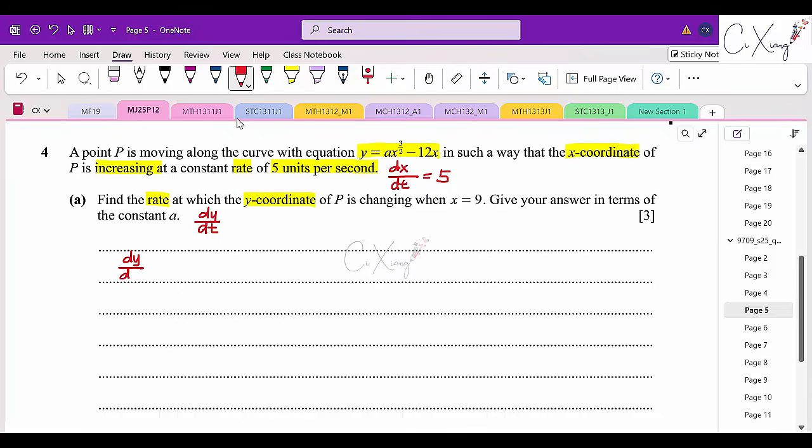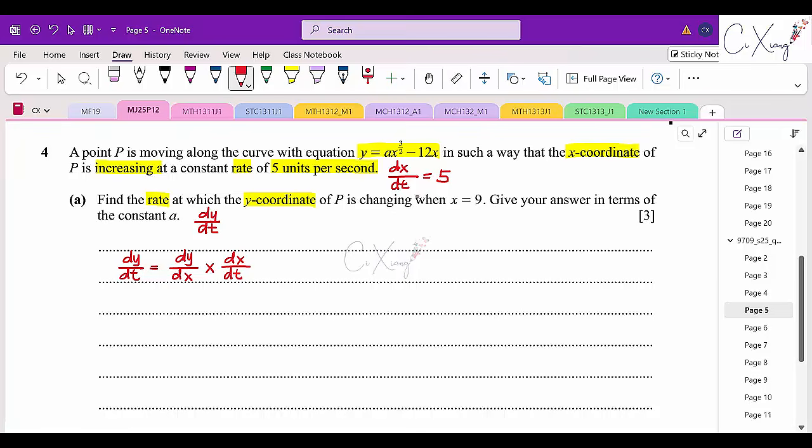So dy over dt is my final answer. It should be equal to dy over something multiplied with something over dt. And what's the something here? According to the question, you have dx over dt, and it is quite obvious that you have to put in the dx over dt here. Then this variable should also be x. So you need to use the chain rule.